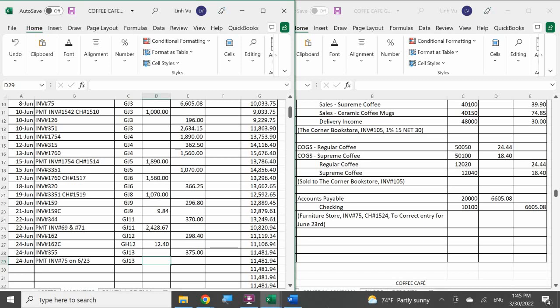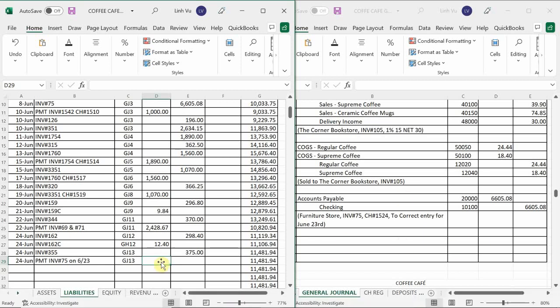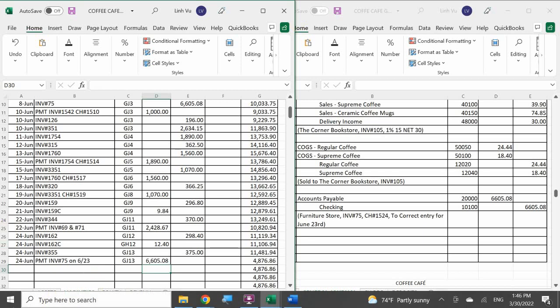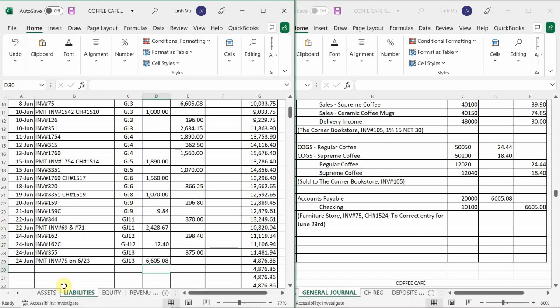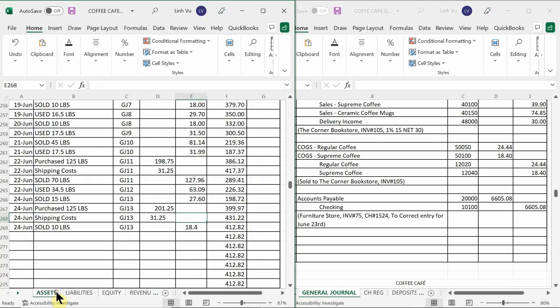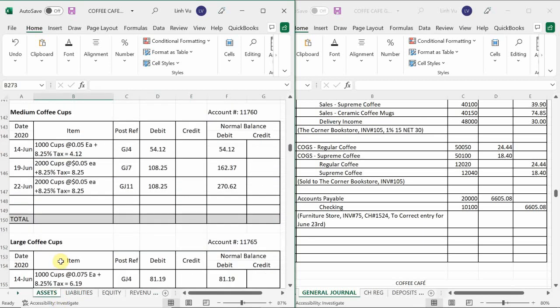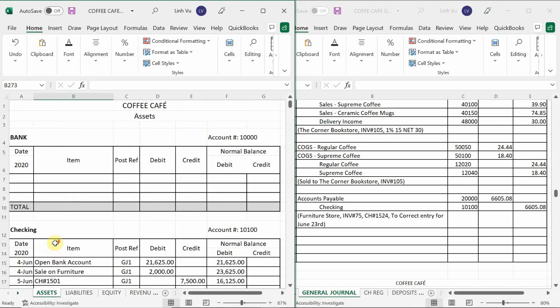This one wouldn't fluctuate or matter as much as any other one. Okay? So in this case, we paid $6,605.08, which will decrease your liability to $4,876.86.